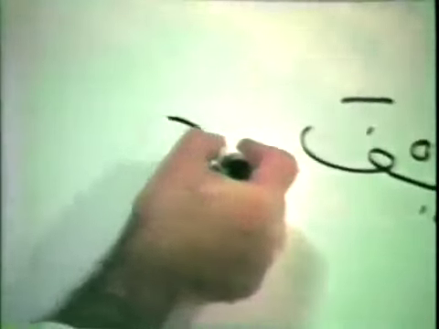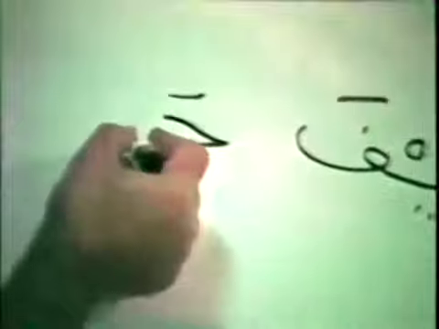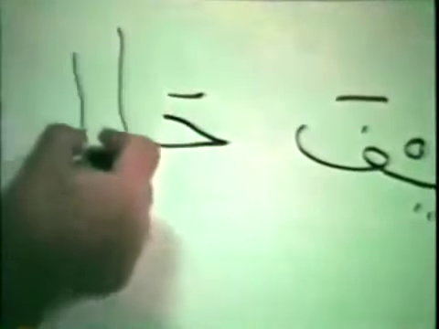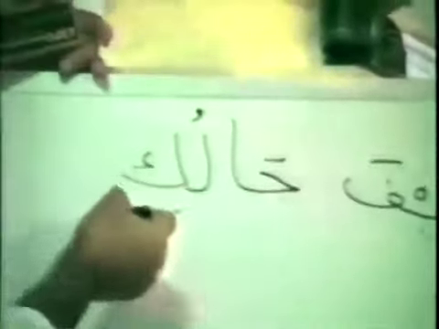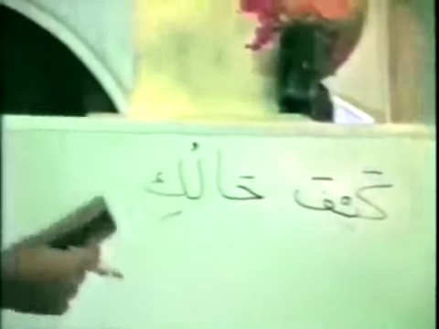There's ha, make it long, ha, lu, ka. This is the kaf at the end of the word. Now, for a male, you say كيف حالك. For a female, you say كيف حالك. Very easy. And the answer will be Alhamdulillah, which implies I'm fine, Alhamdulillah.